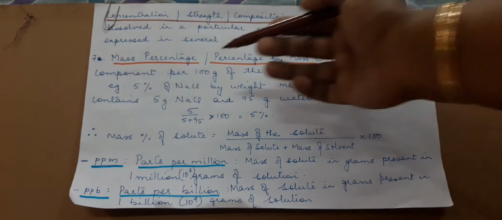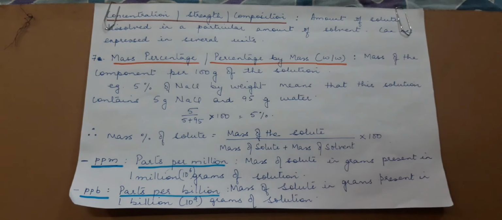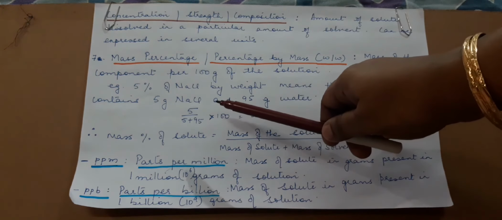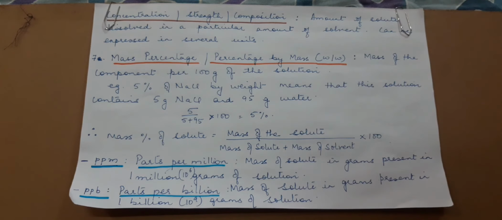So mass of the component per 100 gram of the solution. Suppose I say 5% of NaCl by weight. It means that solution contains 5 gram NaCl and 95 gram water, because a solution has to be 100 grams. Solution means solvent plus solute.